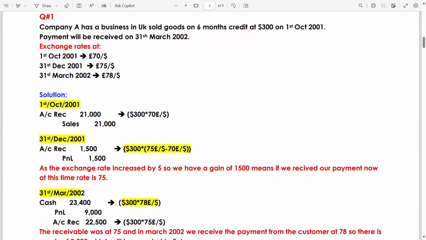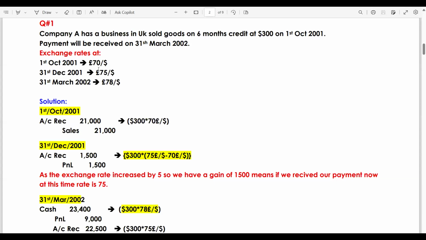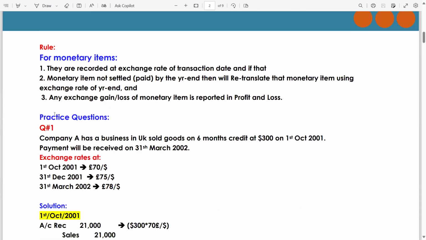Now solve this question. 1st October 2001: account receivable debit, sales credit, as you sold on credit. You still have not received the cash. And we just learned for monetary items that they are recorded at the exchange rate of the transaction date.